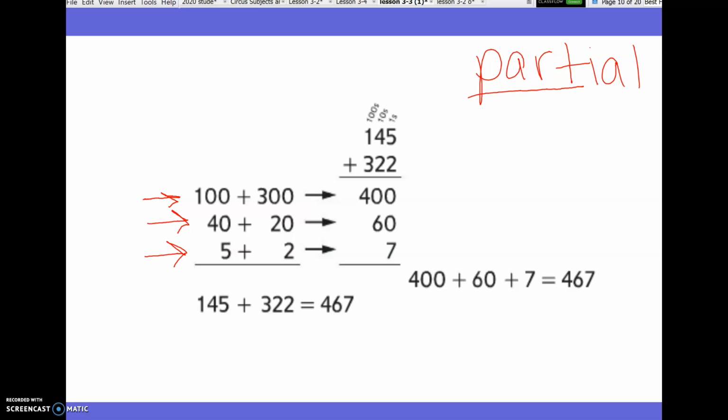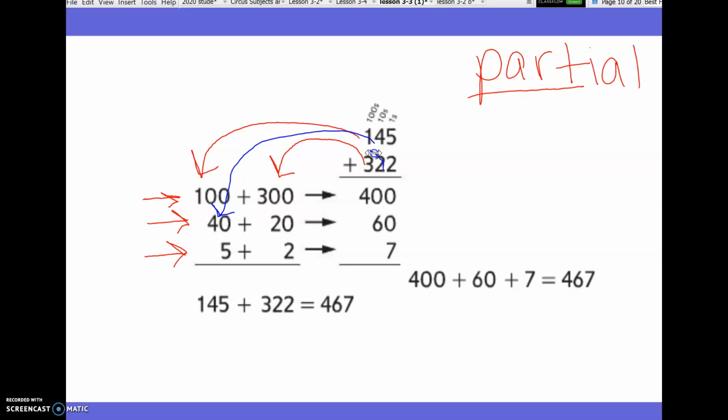So when I look at the numbers 145 and 322, I have 1 in the hundreds place, that's 100. I have 3 in the hundreds place, that's 300. So I would write 100 plus 300, and that's going to be 400. Then I look at the numbers in the tens place. I have 4 in the tens place, and that's 40.